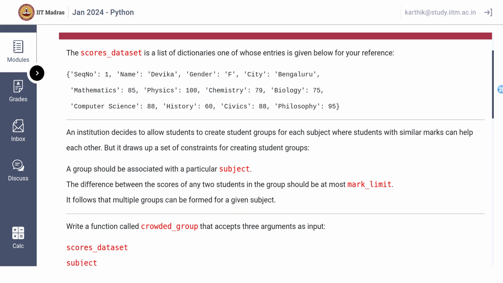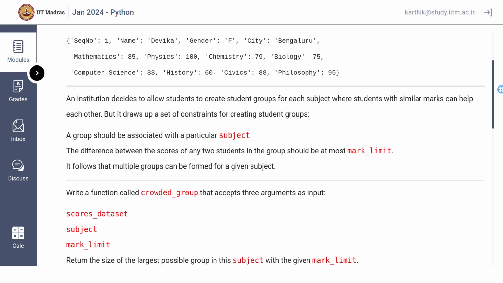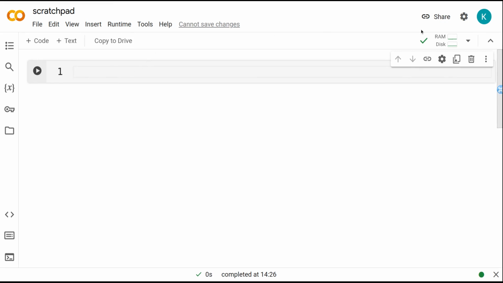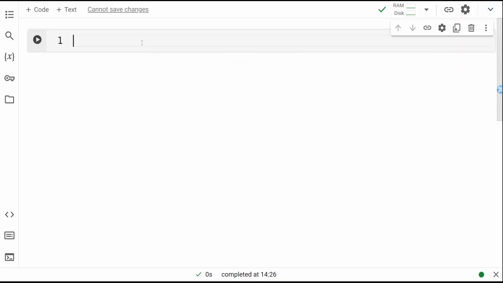The second constraint is that the difference between the scores of any two students in the group should be at most some number. So what does this restriction mean? Let's take this example.